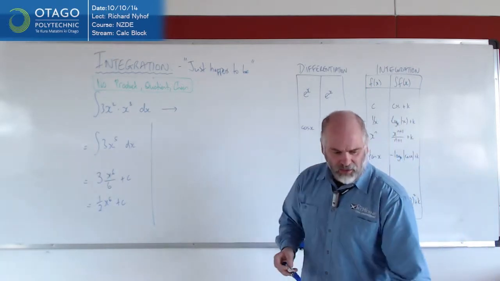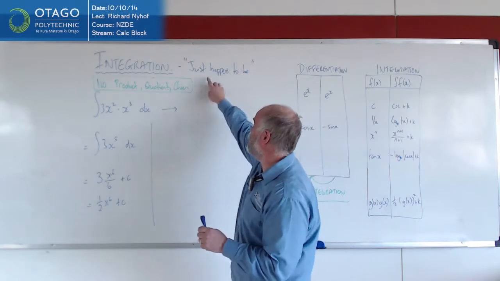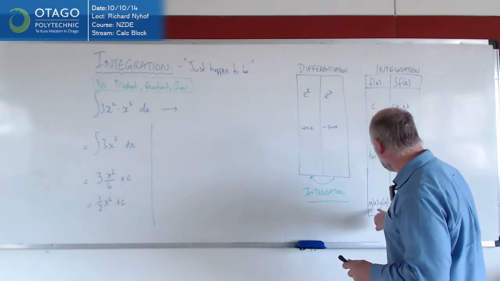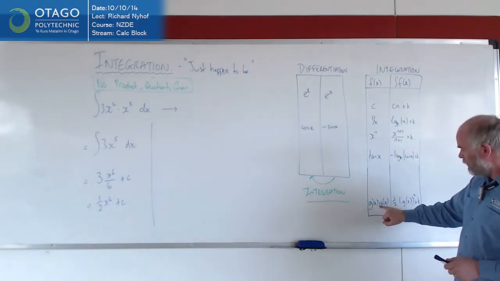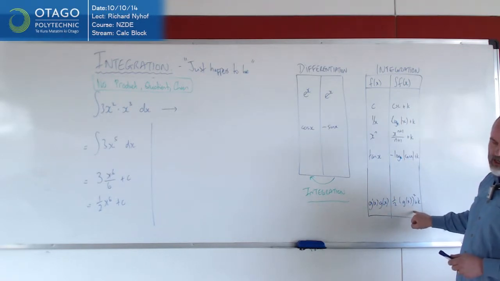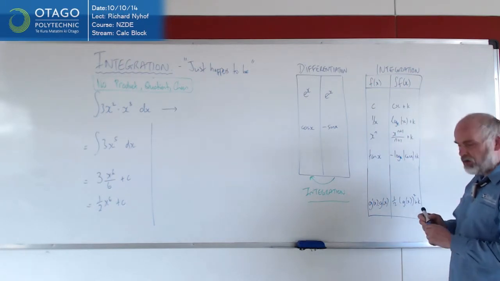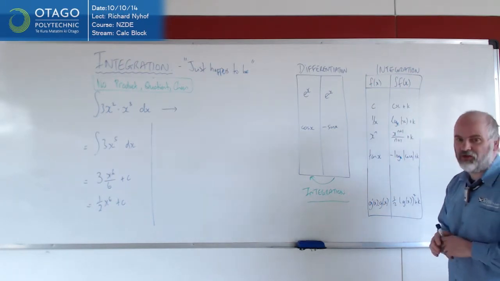Okay. So if you get lucky and get a question that just happens to be two things multiplied together, where one is the derivative of the other one, then this is the answer. So just got lucky and had the two things where one happens to be the derivative of the other.